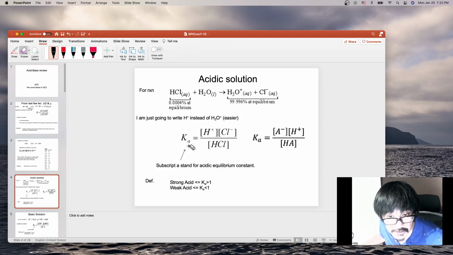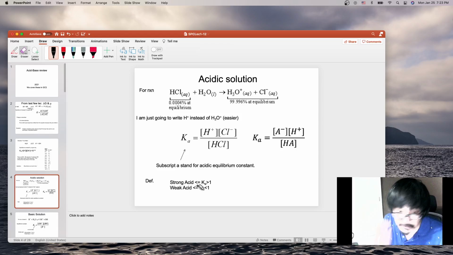And we put that as Ka. For the strong acid, the definition of the strong acid sets that Ka is bigger than 1. And for the definition of the weak acid, Ka has to be less than 1. That's the definition here.